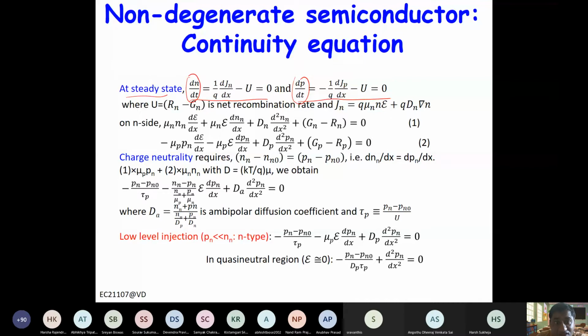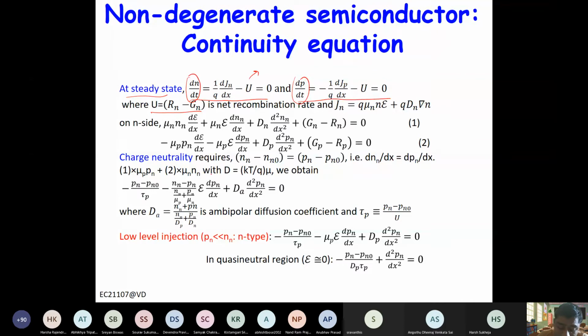They can change as a function of position, but not as a function of time. So at a given position, the electron or hole concentration will remain the same, so dn by dt or dp by dt is 0. And of course, this is basically generation minus recombination, so it's minus U, meaning net recombination.